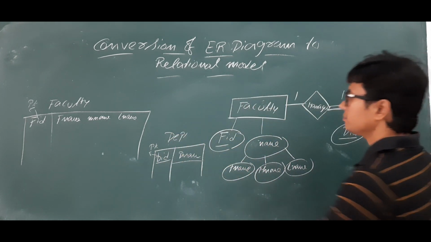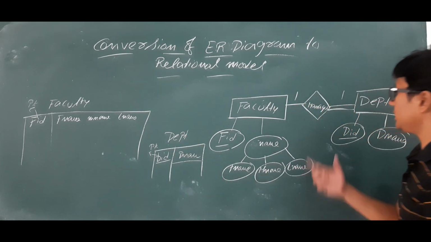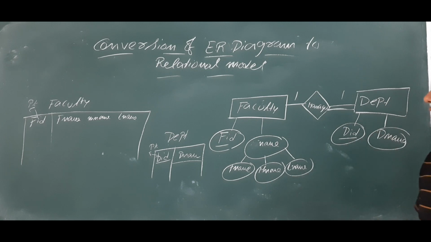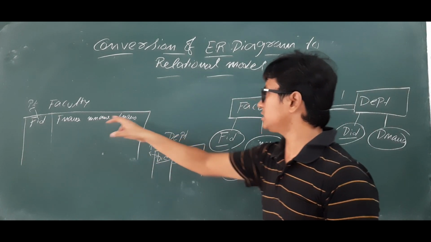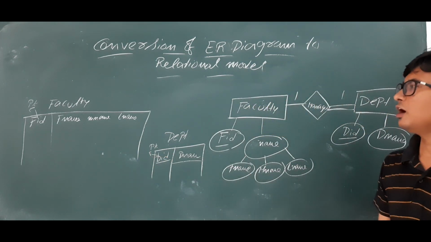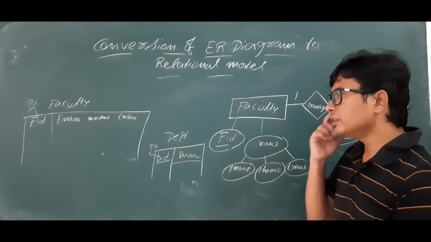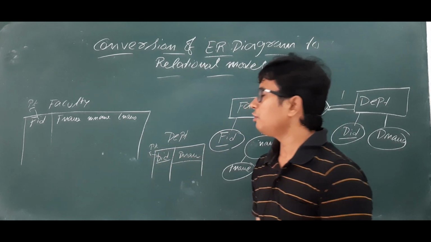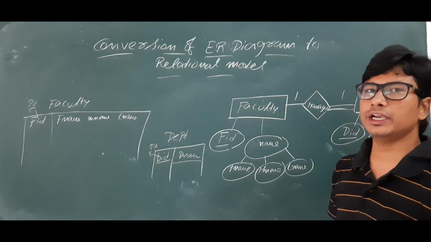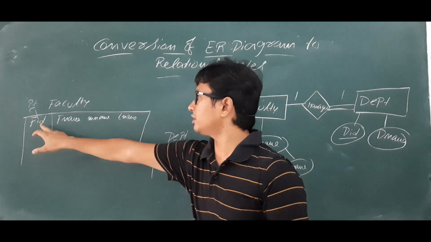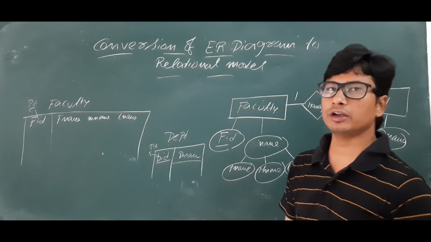Okay, now I need to create a relationship between the faculty entity and the department entity. So I need to create a relationship called manages between the faculty table and the department table. How can I create a relationship? There are two ways we can create a relationship between these two. We have already discussed that if you want to create a relationship between two tables, take the primary key of one table and keep it as a foreign key.